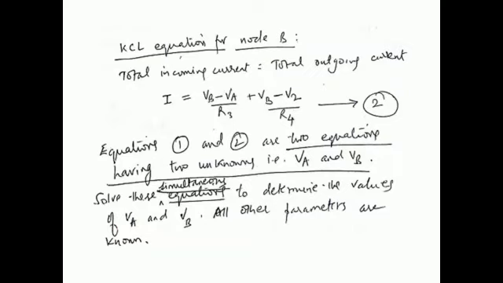Now, we see that equations 1 and 2 are two equations having two unknowns, that is the potentials at node A and node B. If we solve these two equations simultaneously, we can obtain the values of VA and VB.